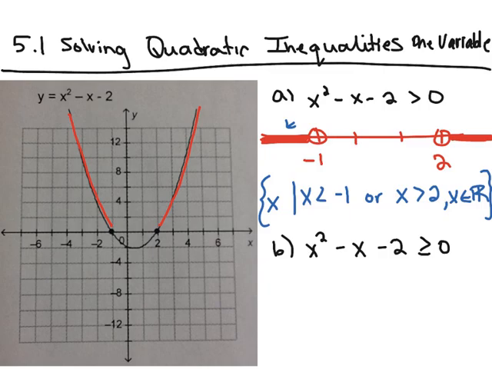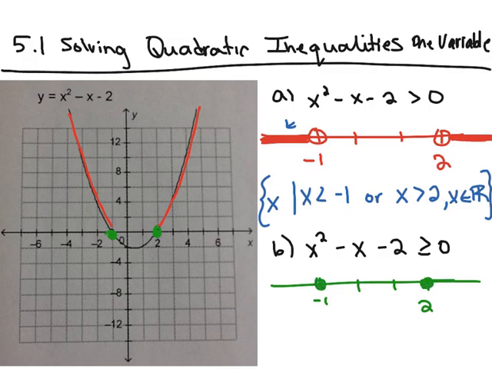The second one, the only thing that's going to be different is now it's greater than or equal to. So it could also include this 0. So when we draw it on our number line, we fill in the circle.